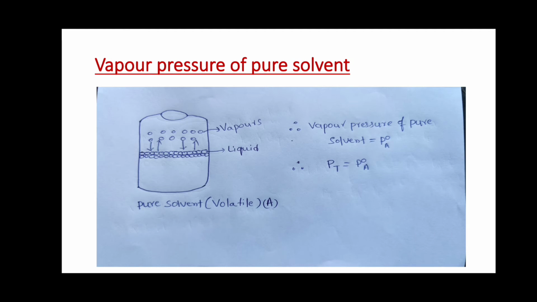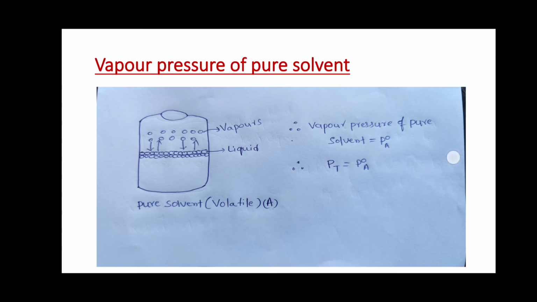The vapor pressure of the pure solvent is called P naught A, where A is the pure solvent. So the total pressure of the solution is Pt equals P naught A, since there is no solute present, only pure solvent.